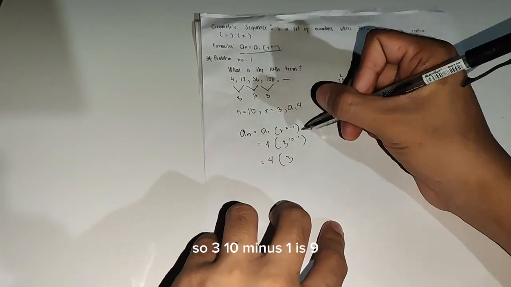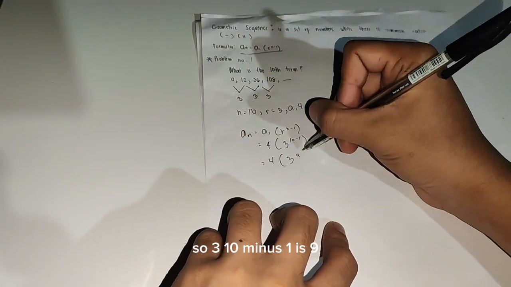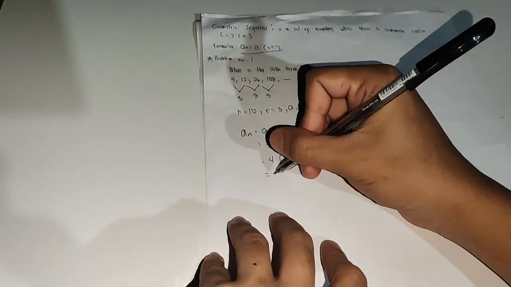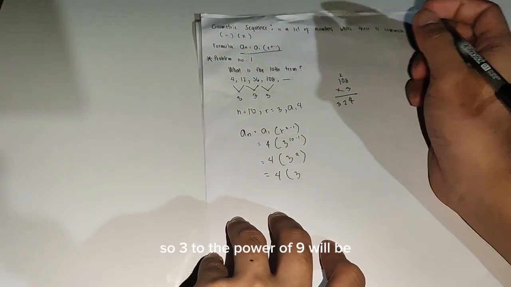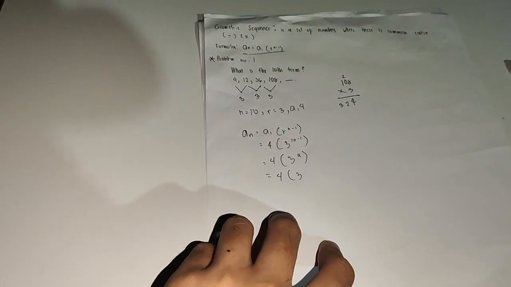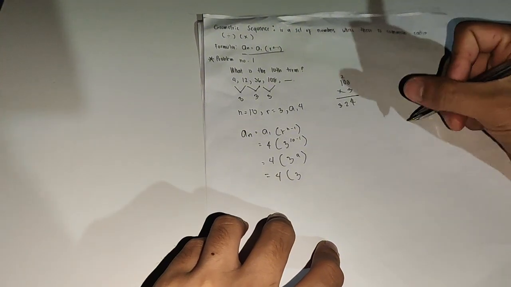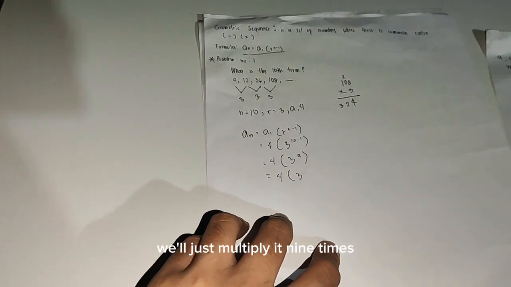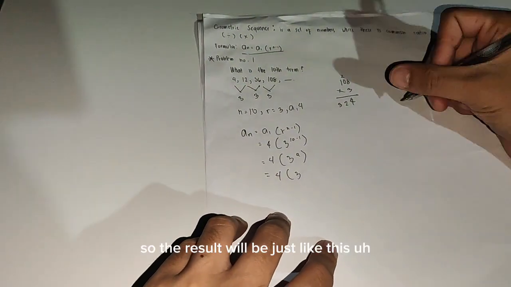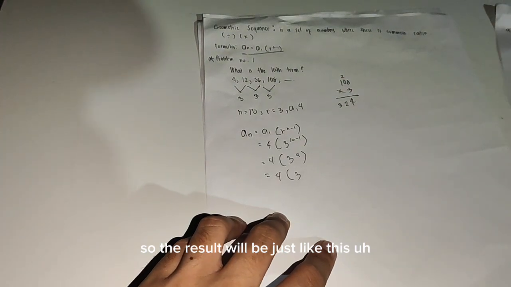So 10 minus 1 is 9. So 3 to the power of 9 will be, we'll just multiply it 9 times.